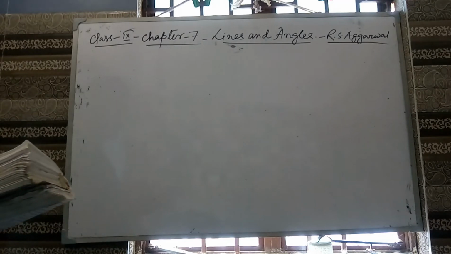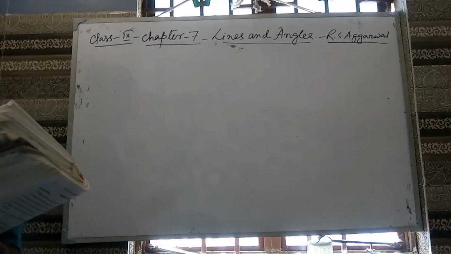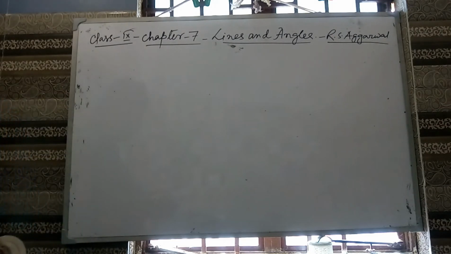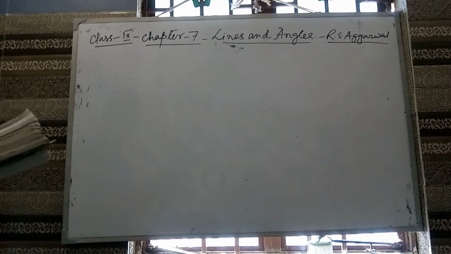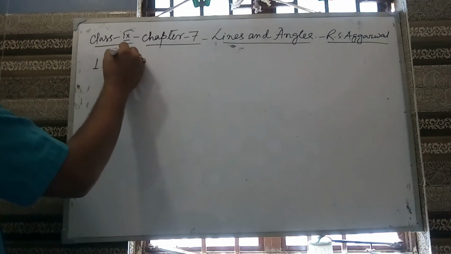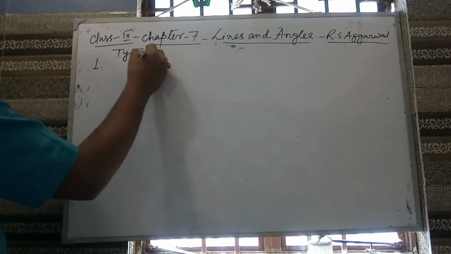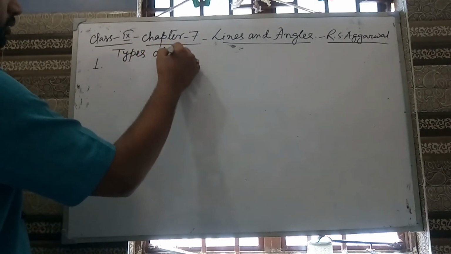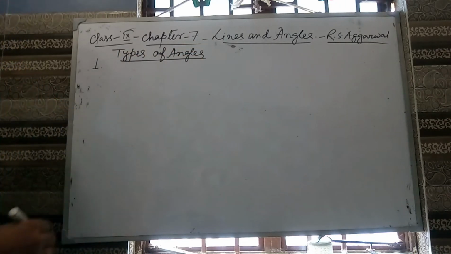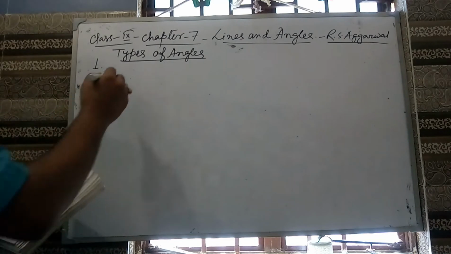So I am not giving the definitions of lines, rays, angles, but I am coming to the part of how many types of angles there are. Number 1, acute angles.